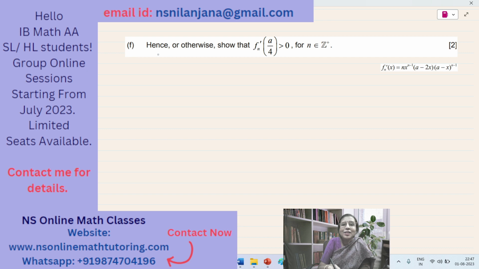Subpart F. Hence or otherwise. Hence means in subpart E we had proved that the point a over 2, comma, fn of a over 2 lies above the x-axis for every value of a and n.